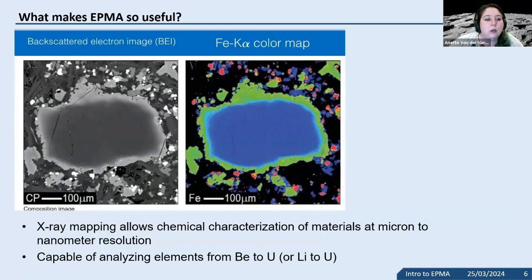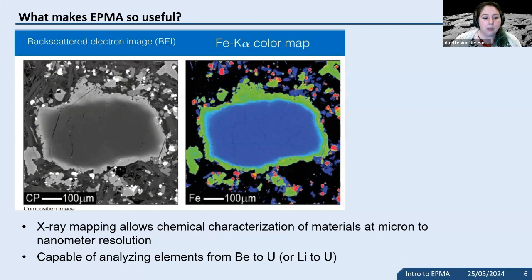So in addition, we have these X-ray detectors, EDS and WDS, and specifically the WDS is capable of analyzing elements from beryllium to uranium, in some cases even lithium to uranium, and I think we hear later in the week a little bit about soft X-ray spectrometers.